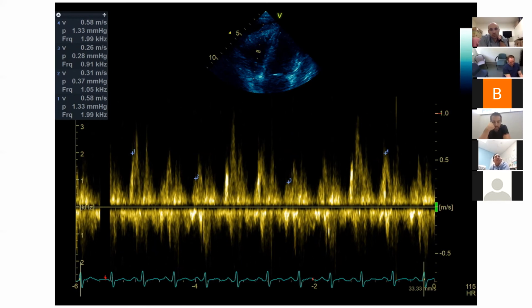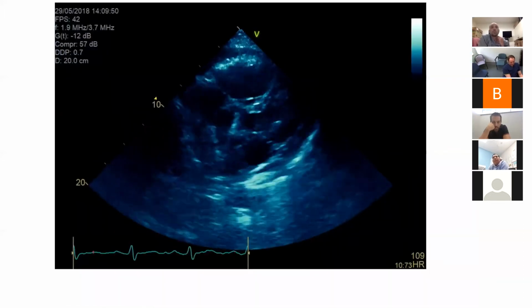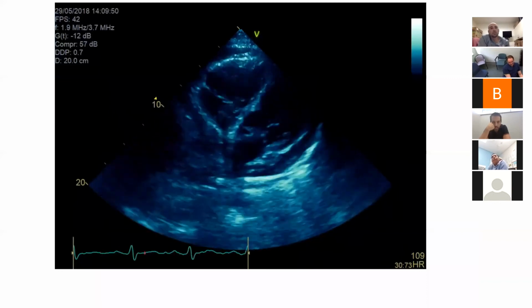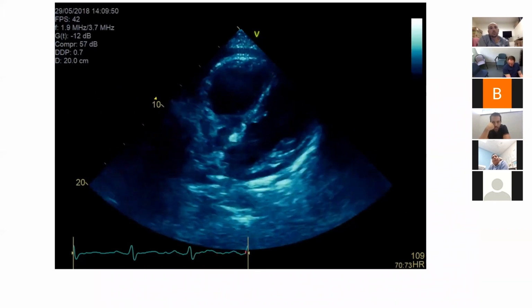I would like to correlate at least at the bedside while doing the scan whether it's inspiration or expiration, just to make sure. Yeah, so it signifies significant ventricular interdependence, so that supports the tamponade diagnosis, echo diagnosis.